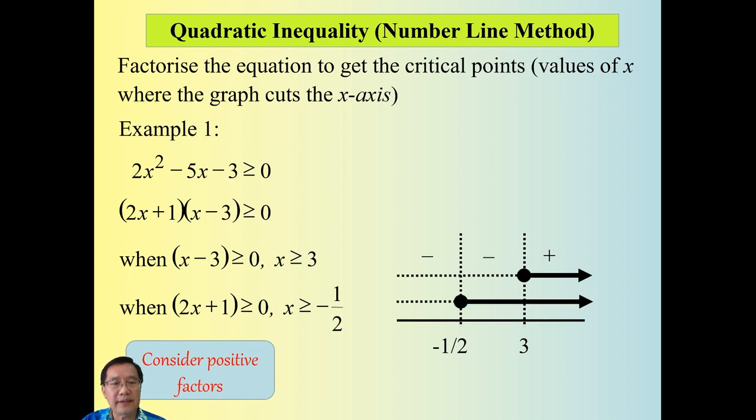For x greater than or equal to negative half, it is represented by a solid line, positive, and then the tail dotted line, negative. The product of the two signs: negative times negative, positive; negative times positive, negative; positive times positive, positive. So the solution is from negative infinity to negative half, inclusive of negative half, union 3, inclusive of 3, to infinity.